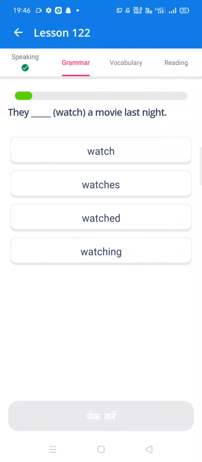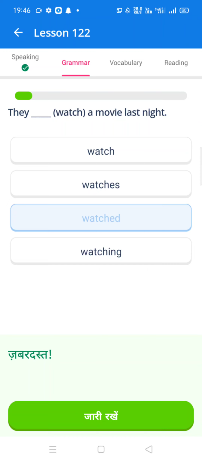Don't take too much time, please. In the sentence it is last night. That means the work is already done. That's why it's number C, isn't it? It's number C. So if you have written C, then give a tick mark.